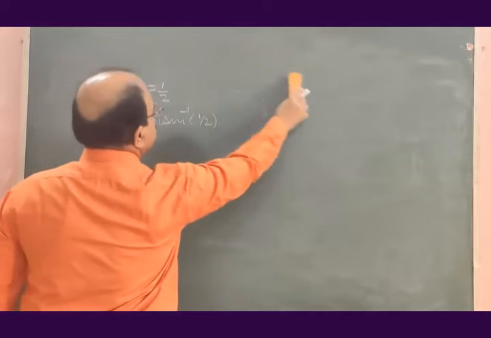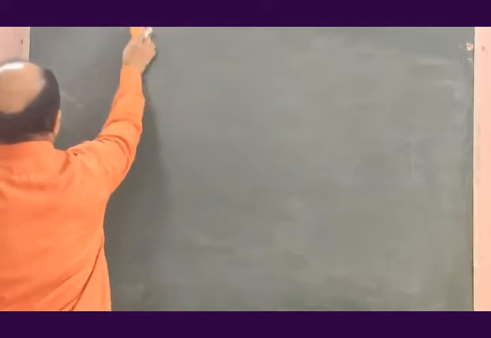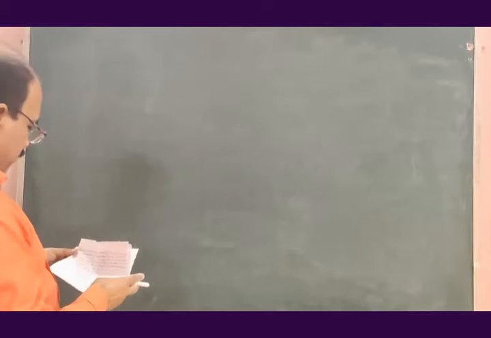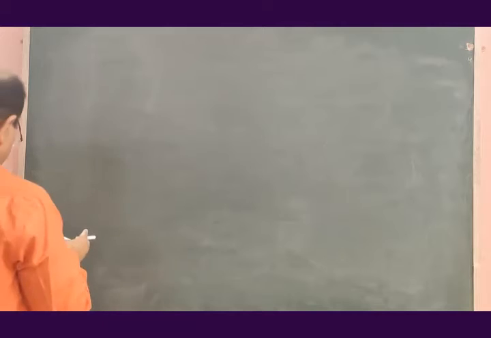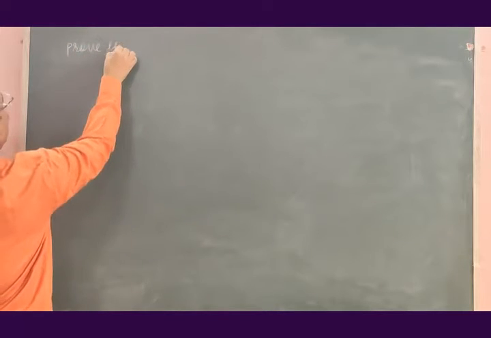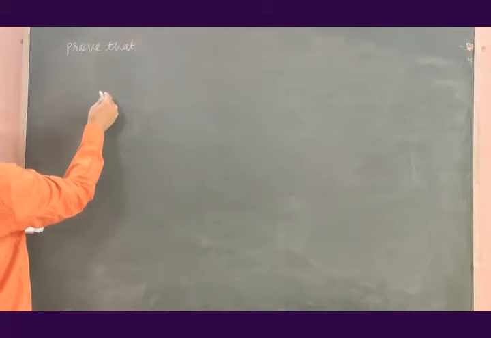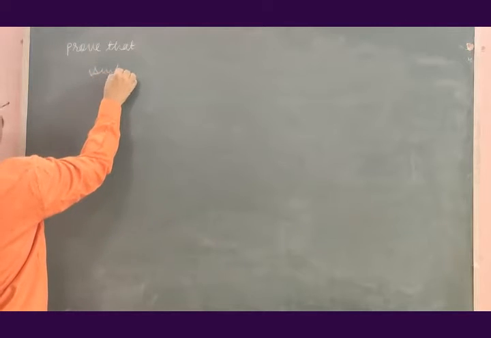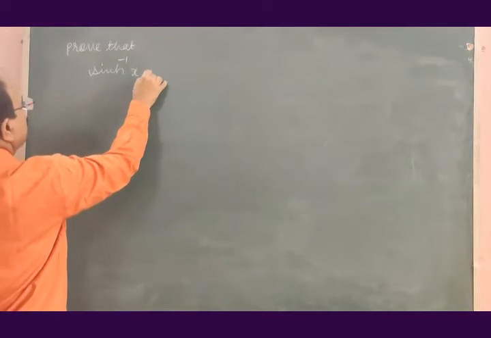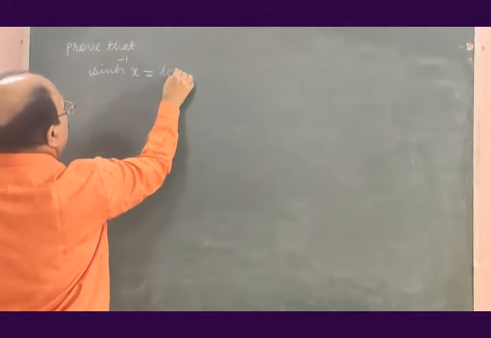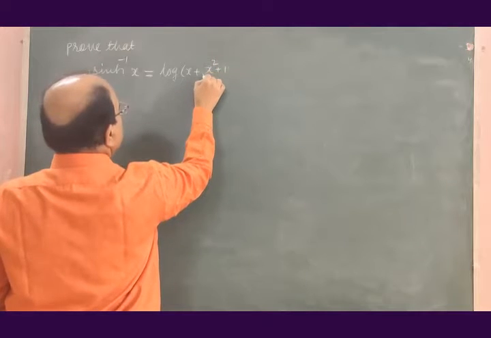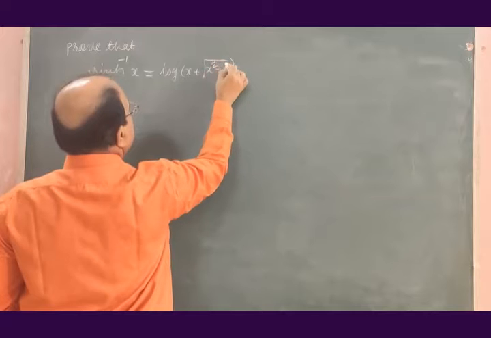The first problem is: prove that inverse sine hyperbolic x is equal to logarithm of x plus square root of x square plus 1.